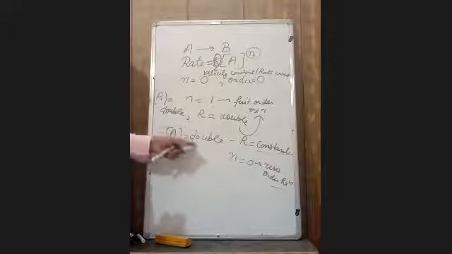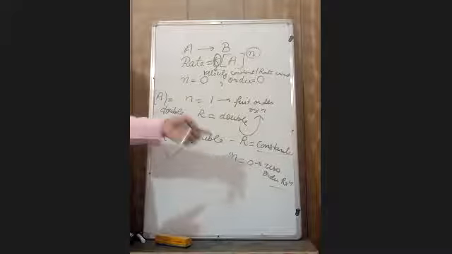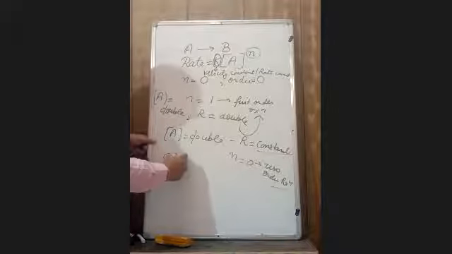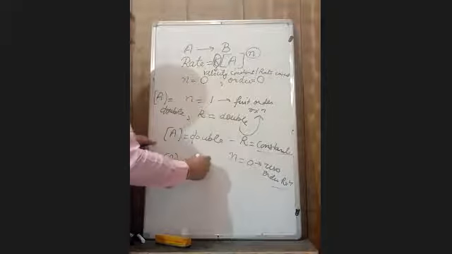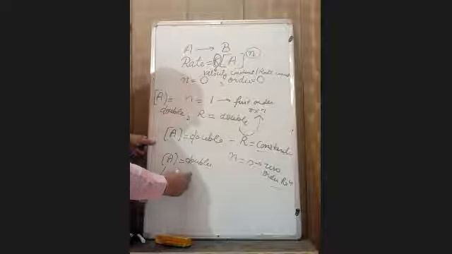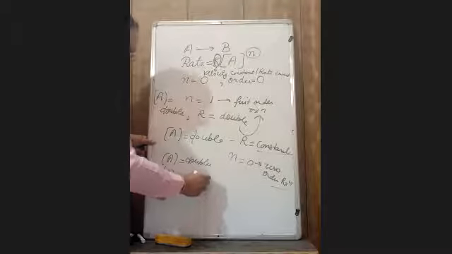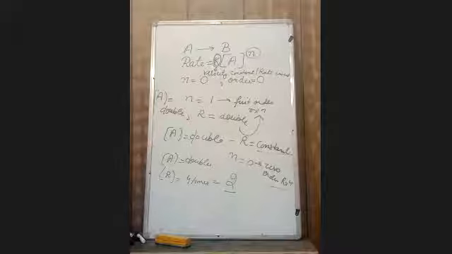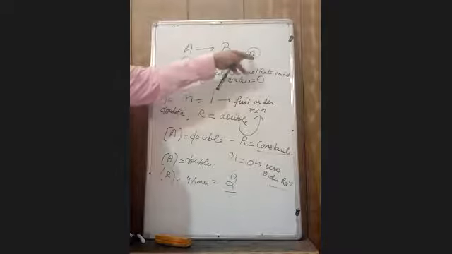If A doubles, R also doubles, it is your first order reaction. And if A doubles and R becomes 4 times, it means it is your second order reaction. So order of this reaction is 2.